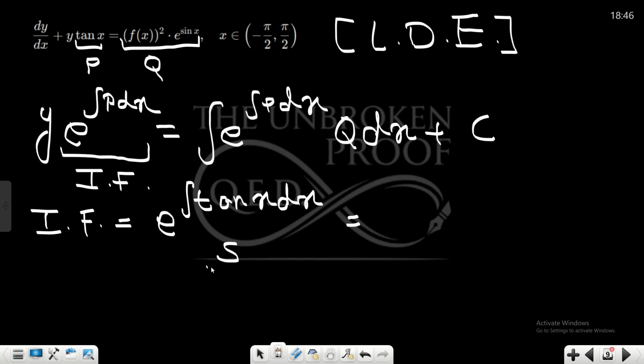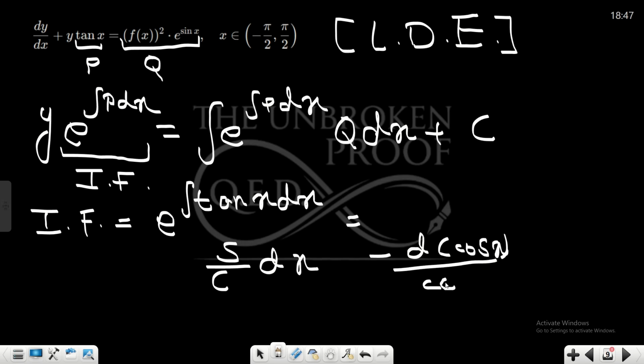You can write tan x as sin by cos dx, and we know that if you differentiate cos, you will get minus sin, so this can be written as minus of the differential of cos x by cos x.